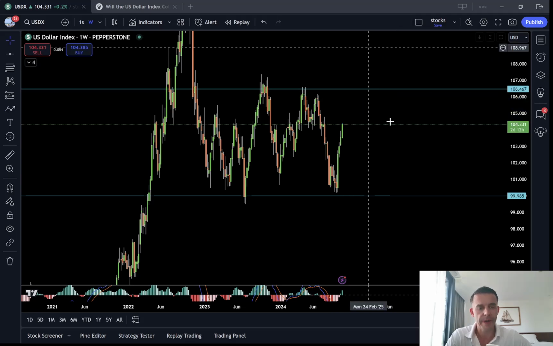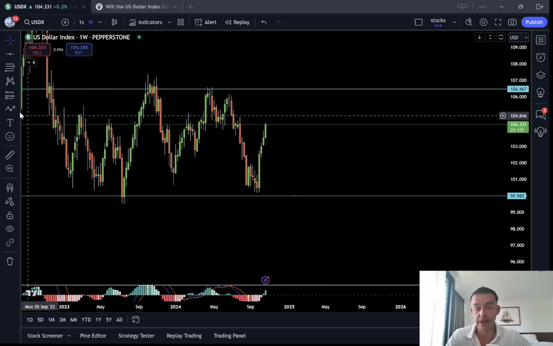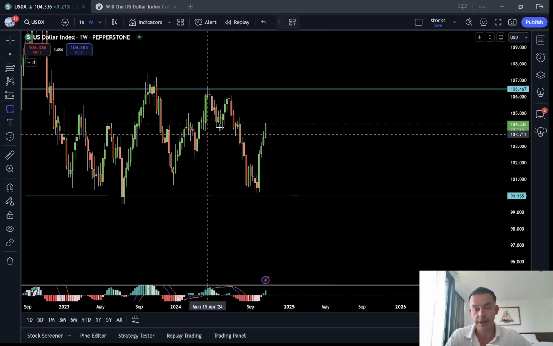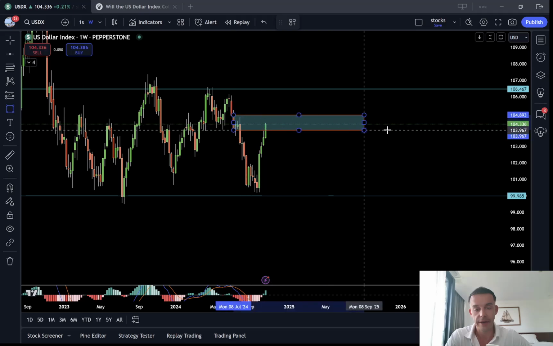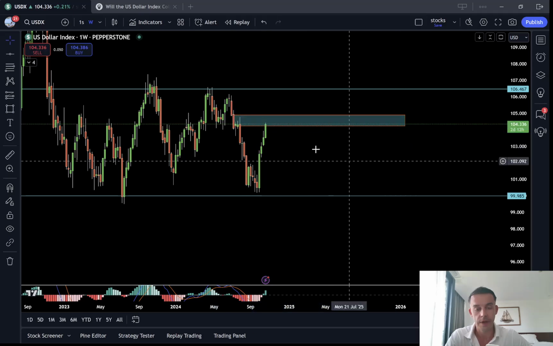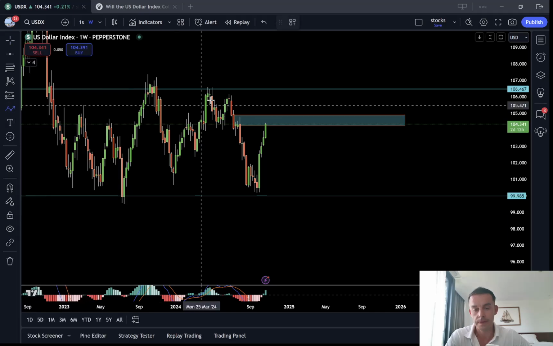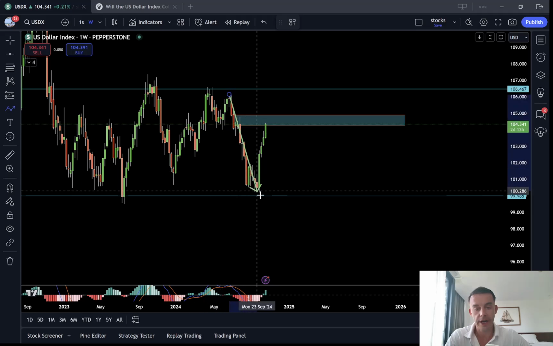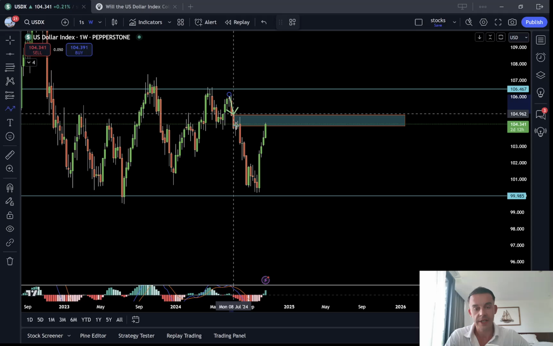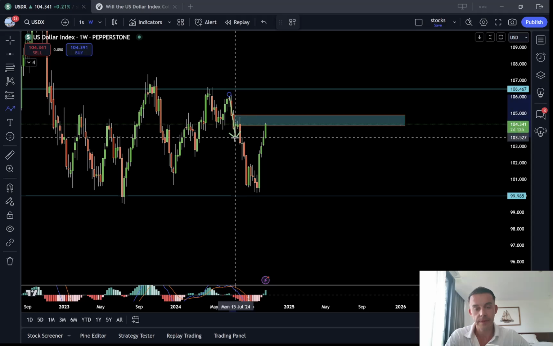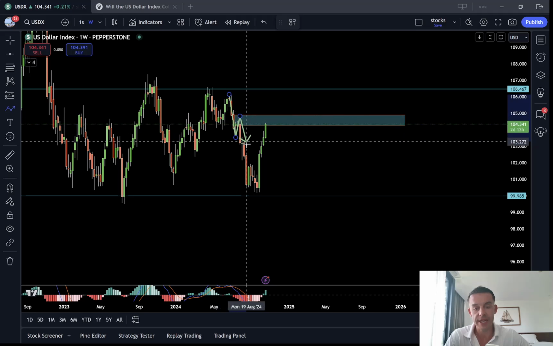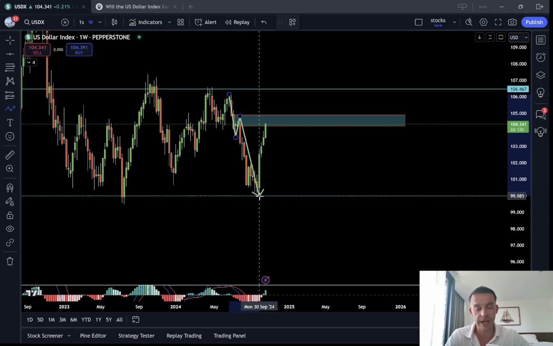I do expect some sellers to come into the market at this level. The reason I like this area is because if we look at this leg down, we can see the first part of the leg paused here, and then from this swing low up to this swing high, the majority of the move down happened from this swing high.